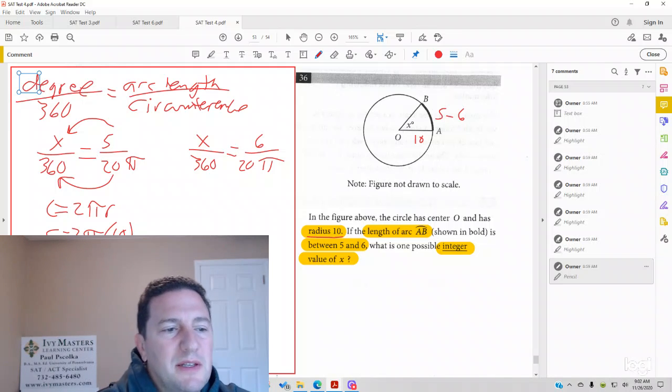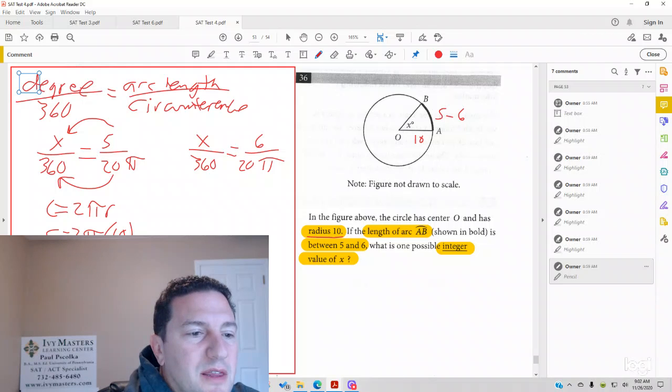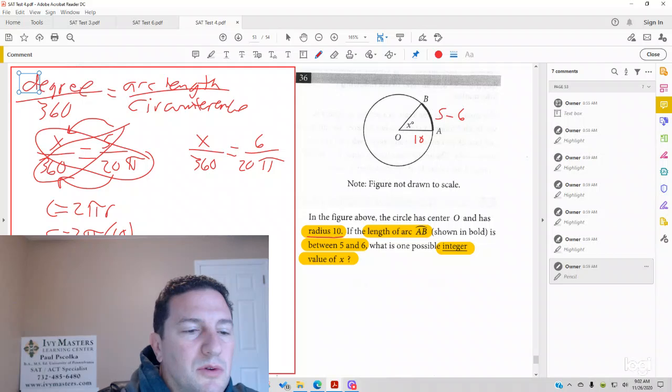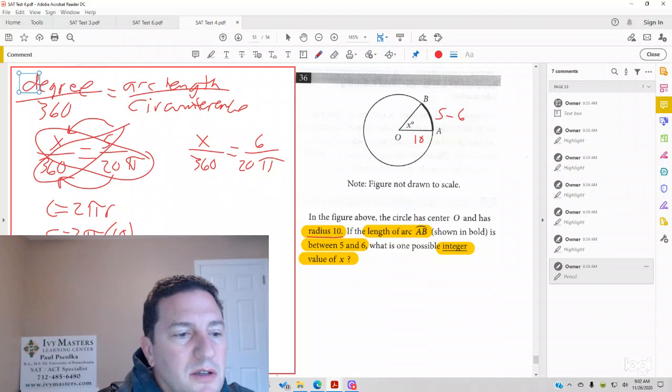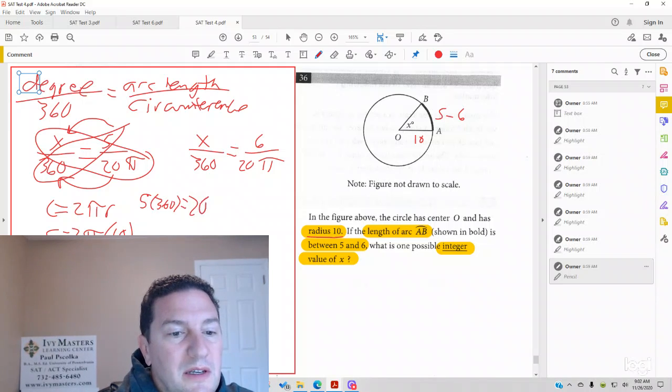So cross multiplying and setting equal, what I'm going to do is this is going to be 5 times 360 equals 20 pi x. So I'm going to write it here. 5 times 360 equals 20 pi x.